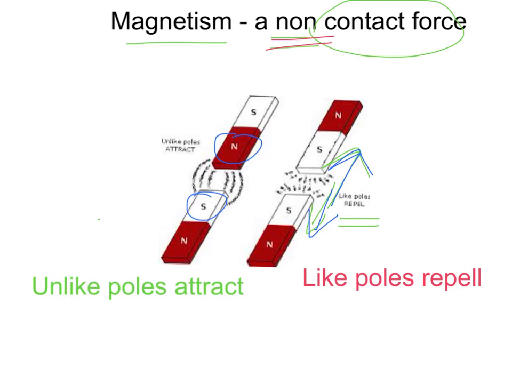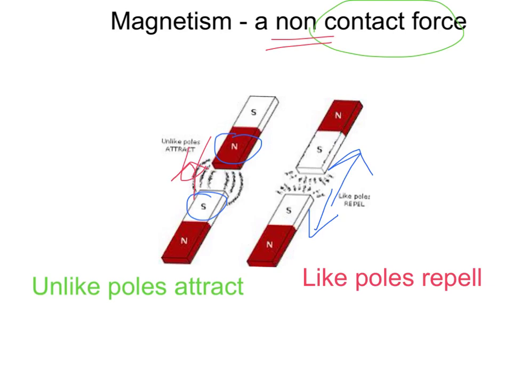They'll meet, and they'll be attracted to each other, even though there's no direct contact bringing them together. There is a force, but it's called a non-contact force, which means it's a magnetic field that we can't see or feel. That's bringing them together, but it's not an actual contact force, like friction was in the last example.